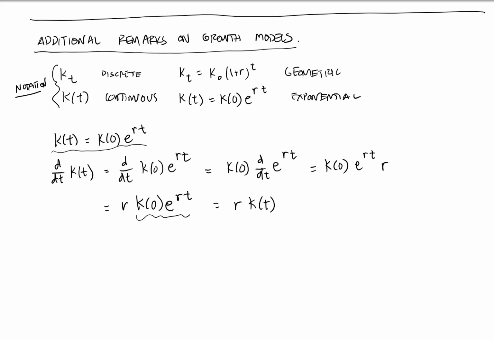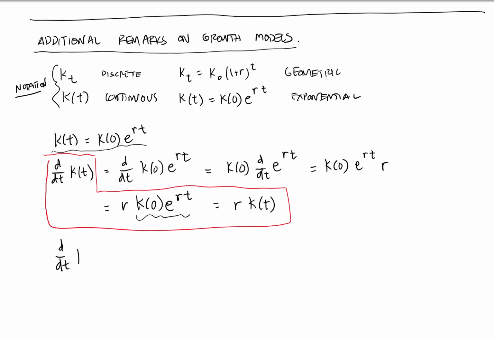Let's rewrite that more nicely. I'm going to put a box around this. And that is that the change in time of k of t equals r times k of t. Let's think about that for a second.